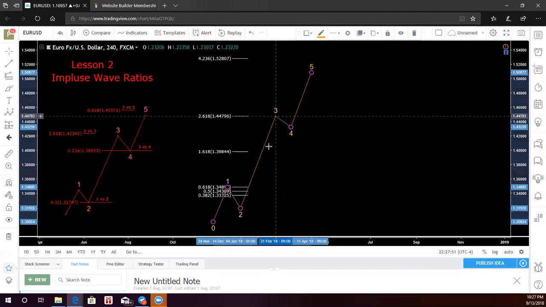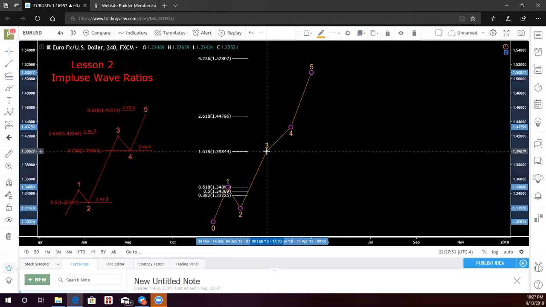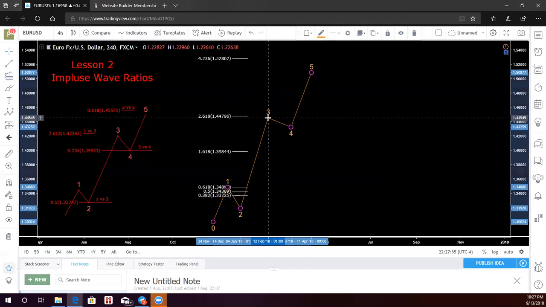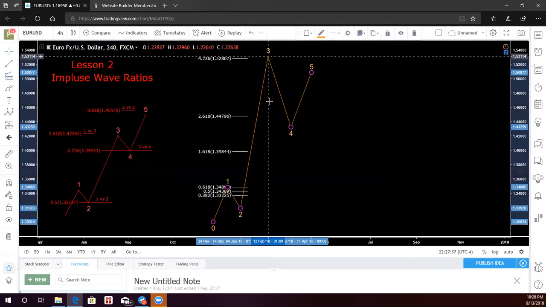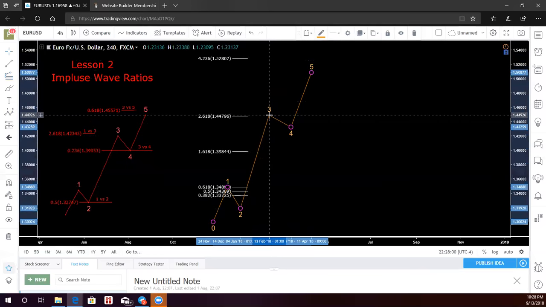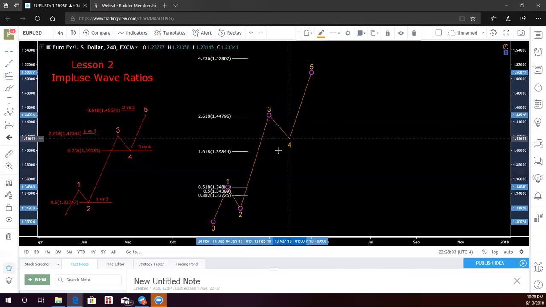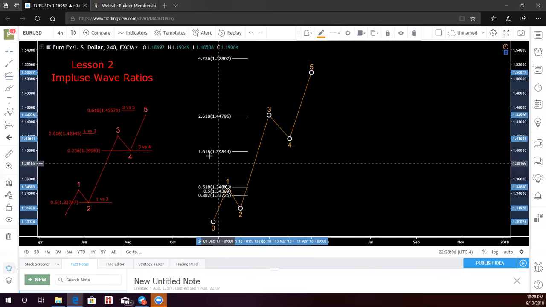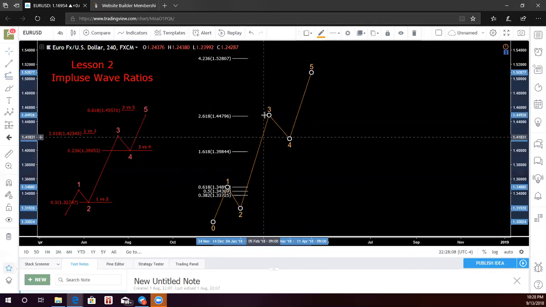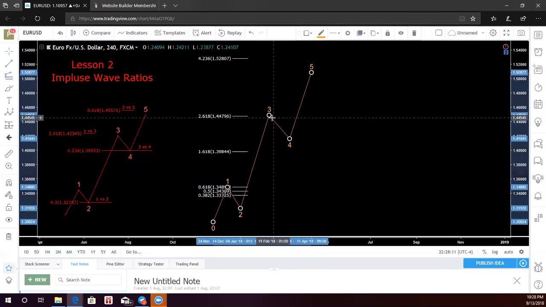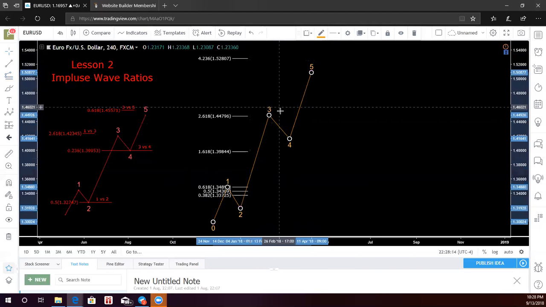And wave 3 will normally hit either the 1.618, the 2.618, or the 4.236. The 2.618 being the most common ratio for wave 3. That's where we will put it at. Anything after 1.618, wave 3 will be considered an extended wave. So here we're going to have an extended wave 3.